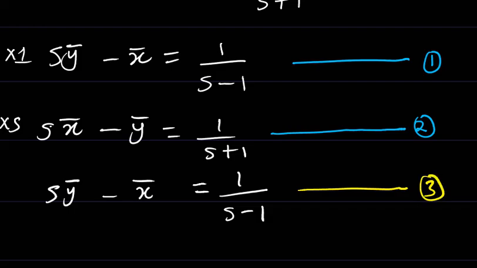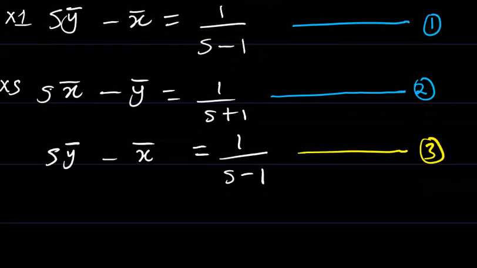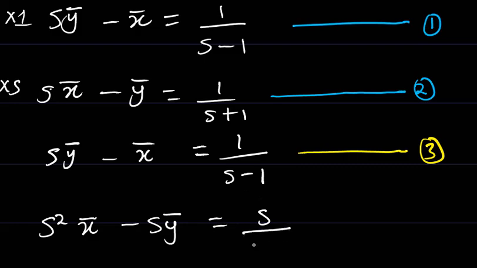Now multiplying equation 2 by s, I will end up having s squared x bar minus s y bar equal to, multiplying the right hand side by s, s all over s plus 1. So this becomes my equation 4.